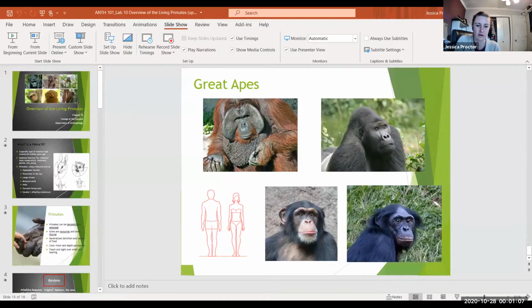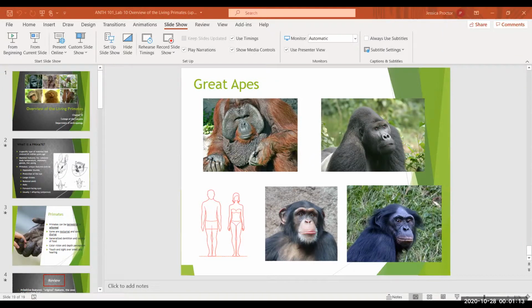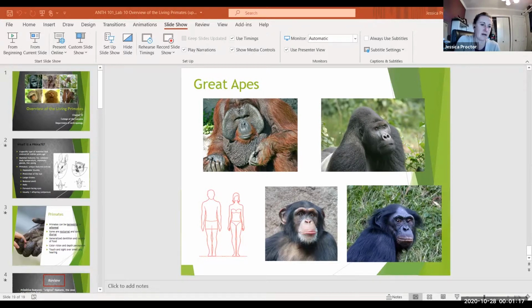Okay, so one thing I did want to show you guys, and I'll go ahead and post this as well in your module. The one thing that might be helpful to you guys, and one thing that really helped me when I was learning about primate classification, because I know it is quite a bit of detail, because you're essentially learning which derived features are helping you identify the taxonomic group you're looking at.